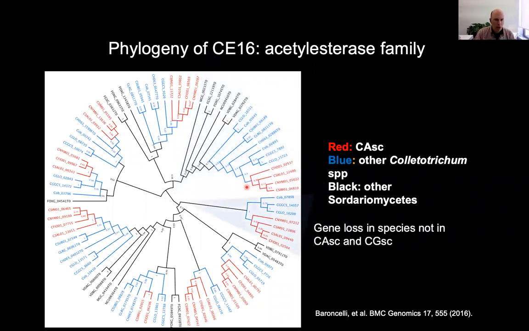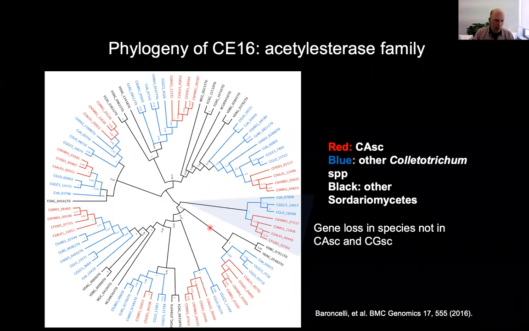We can switch to this example, highlighted again with a blue triangle. We only find members of this clade in Acutatum, and there are members of the Gloeosporioides complex in here. But all of the other Colletotrichum and all of the other species included in the phylogeny are missing from this clade. So apparently this gene was lost in all of these other species.